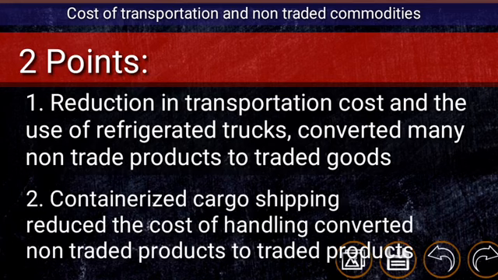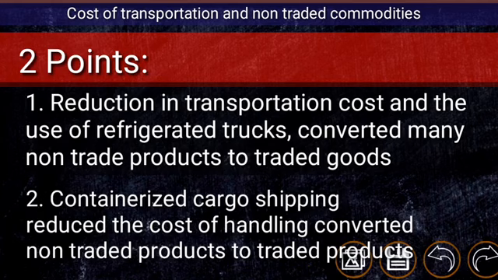The second point is that containerized cargo shipping also reduced the cost of handling. That is, certain products can be packed in large containers instead of being sold in small units, and this containerized cargo shipping reduced the cost of handling.